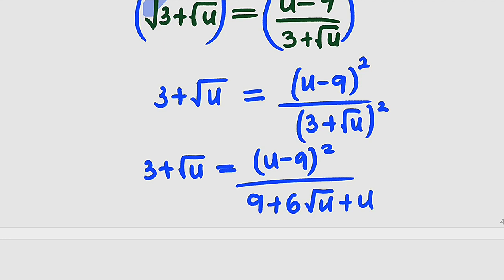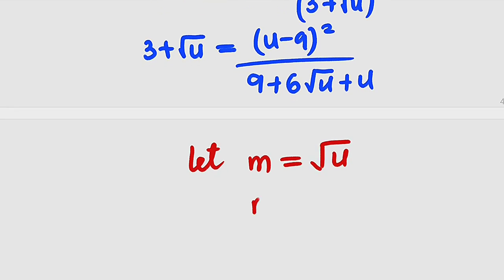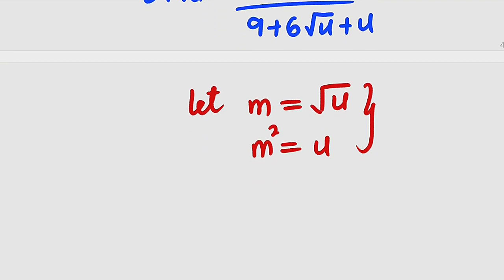And again, I would like to do another substitution by taking another variable. Let's use m equal to square root of u. So therefore m squared will be what? Just u. So this is the substitution I would like to make here.